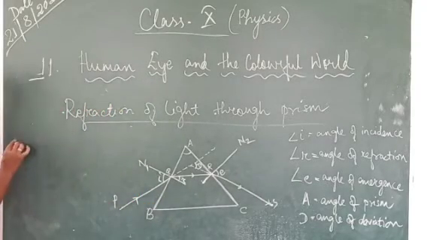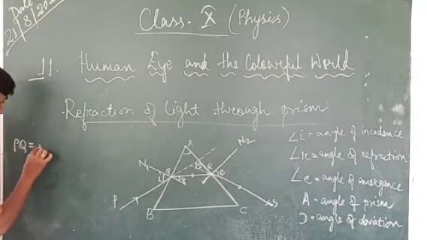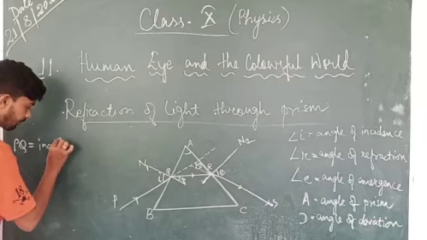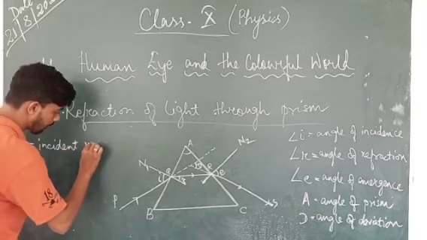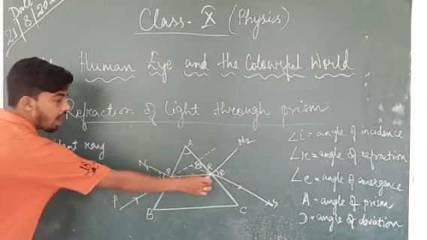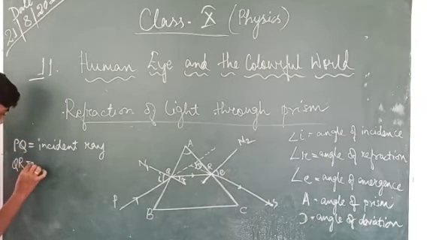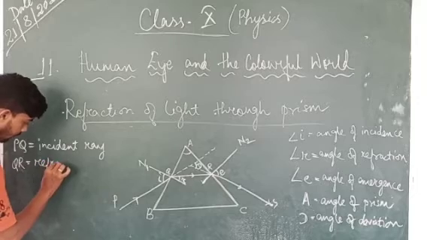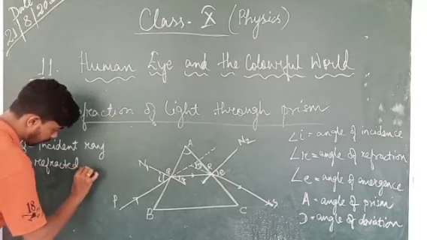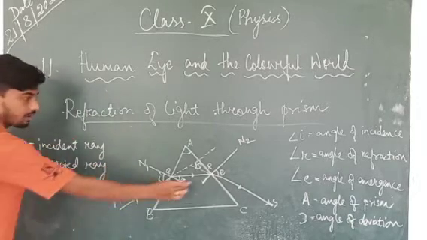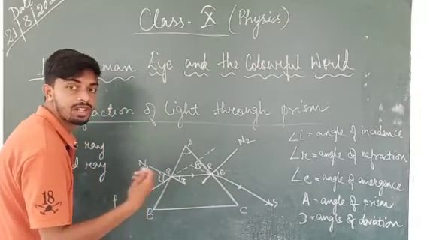Now our PQ is known as the incident ray, QR is the refracted ray, RS is the emergent ray.